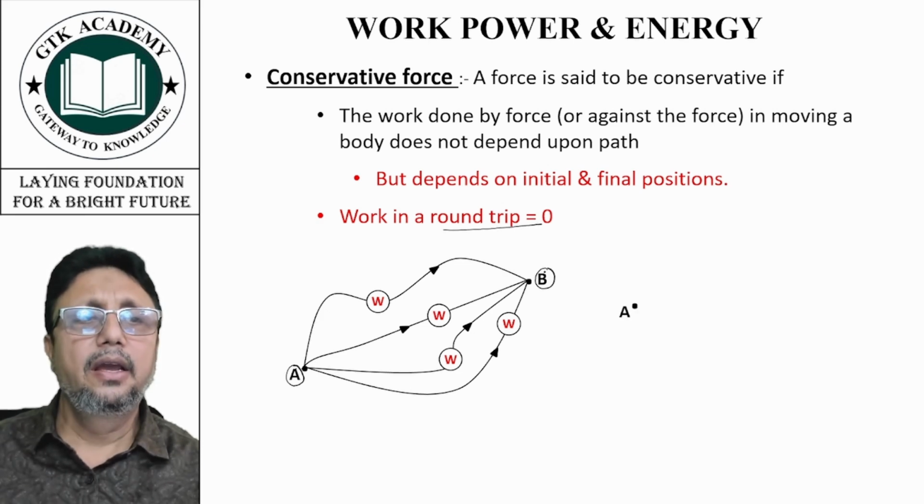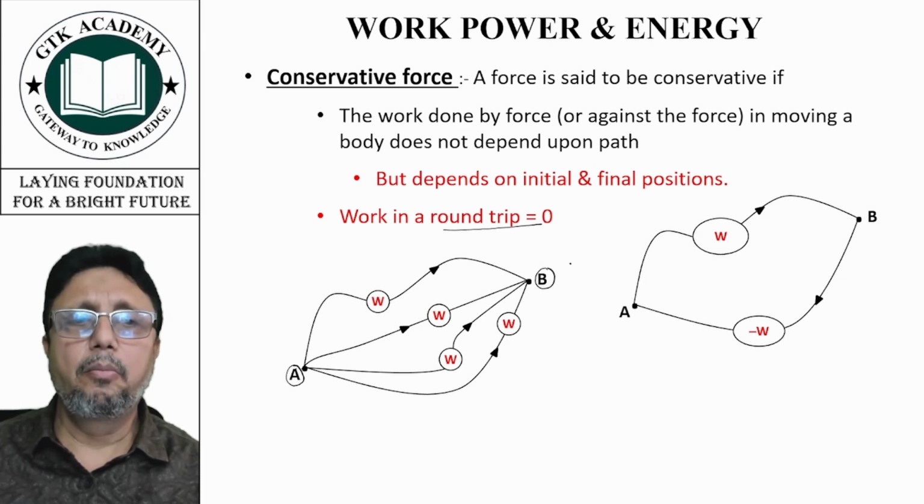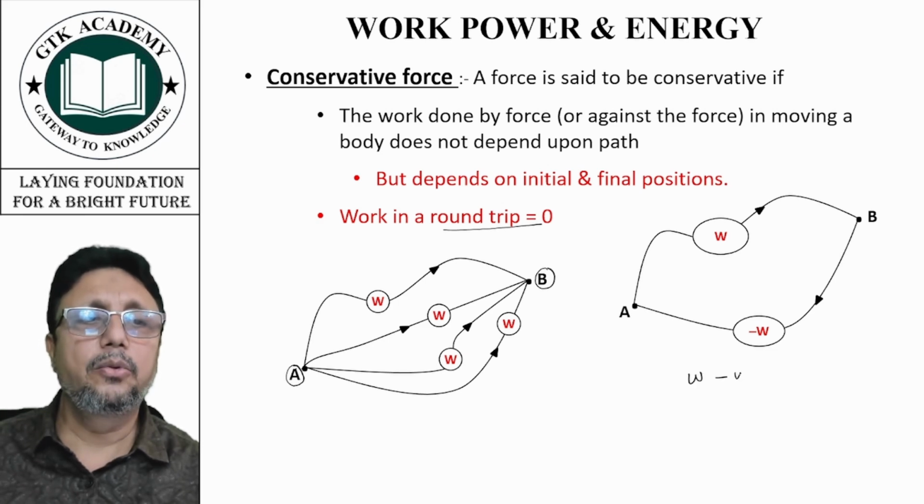That means if you take it from A to B and then bring it from B to A, suppose you have done W amount of work from A to B, then from B to A the amount of work will be minus W. That means the total work done will be W minus W, which is 0.